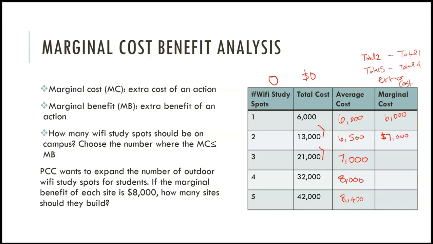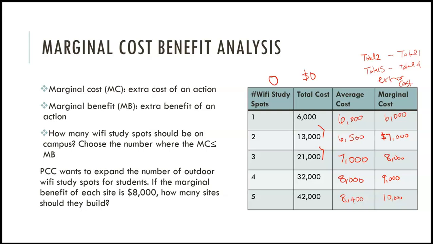When we go from 2 to 3, the total cost increases from $13,000 to $21,000. And so our extra cost, or our marginal cost, is $8,000. Marginal cost for 4 is going to be $9,000. And the marginal cost for number 5 is going to be $10,000.